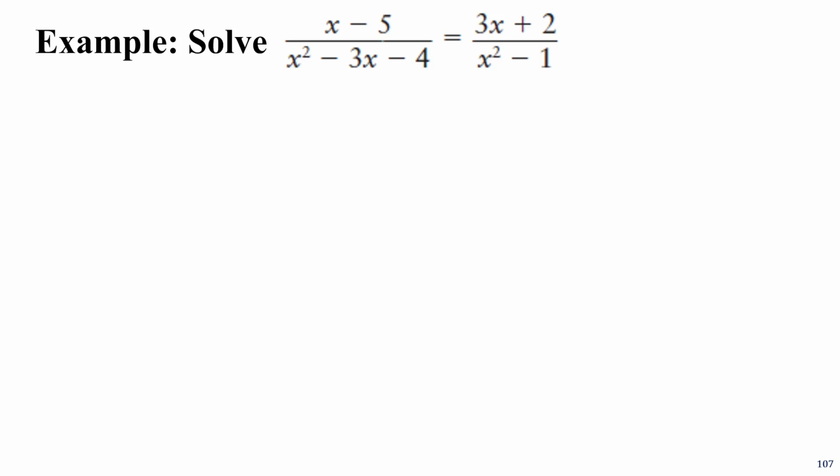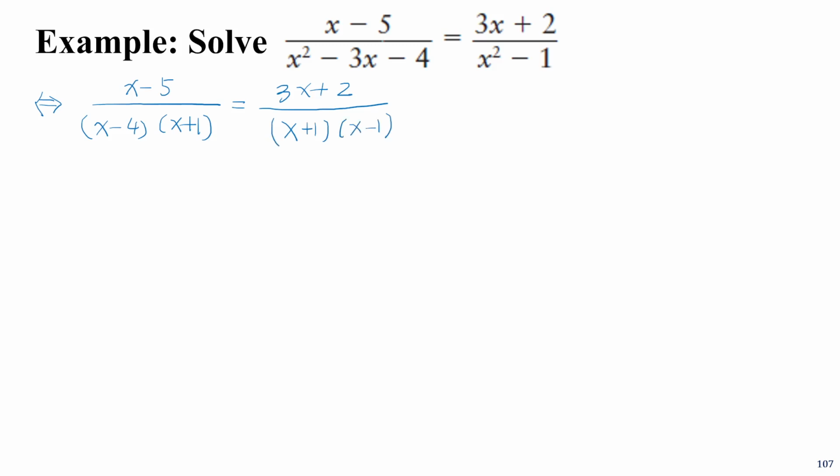So first of all, let's transform both sides in a factored form. So the left side equals (x minus 5) over (x minus 4)(x plus 1), right? The right side is (3x plus 2) over (x squared minus 1), which is (x plus 1)(x minus 1). Right?